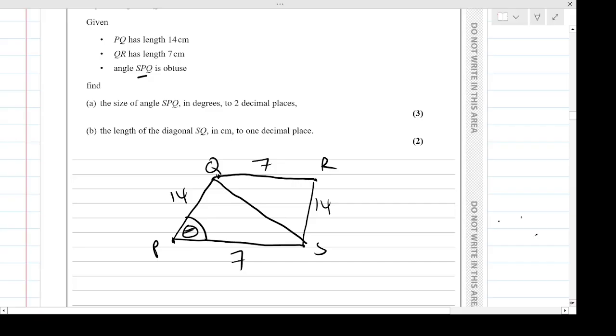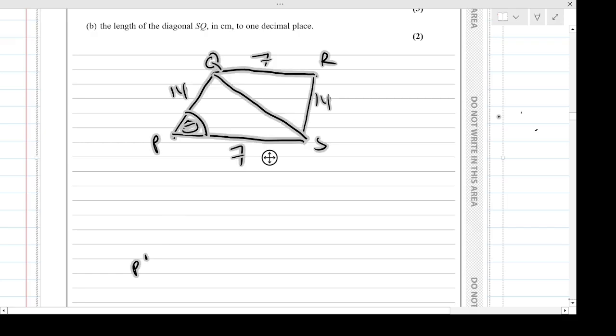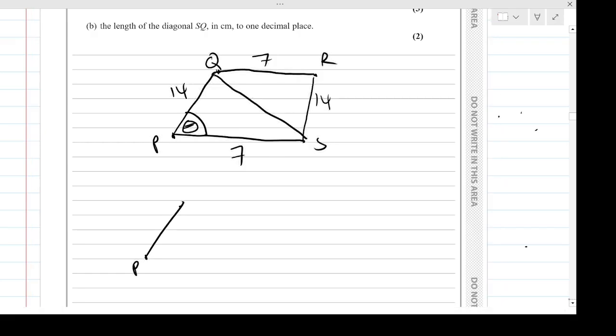So then you can notice I've got this triangle here, P, Q, and then S, and I want to find that angle here, and I also know this is 14 and that's 7. It doesn't look it, it's a very dodgy diagram.